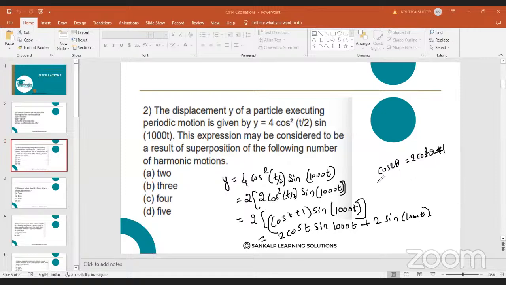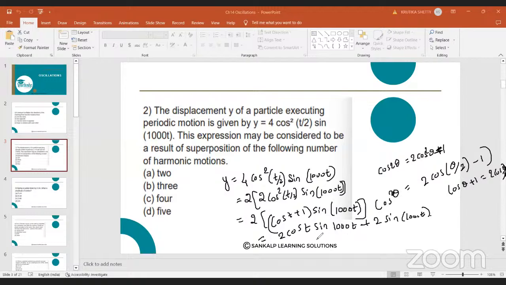So for half angle, cos theta is equal to 2 cos square theta by 2 minus 1. Therefore, cos theta plus 1 is equal to 2 cos square theta by 2. Here in the question we have t. So 2 cos square t by 2 can be written as cos t plus 1. According to that, we have simplified this one. Later, I am multiplying 2 inside the bracket.